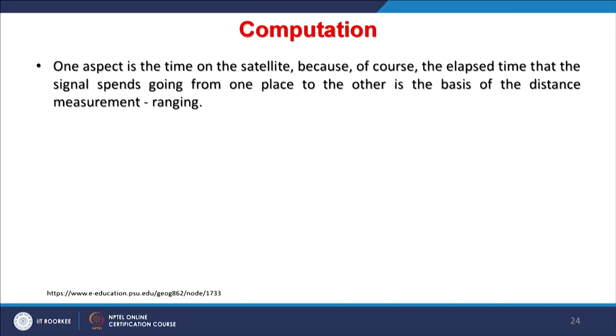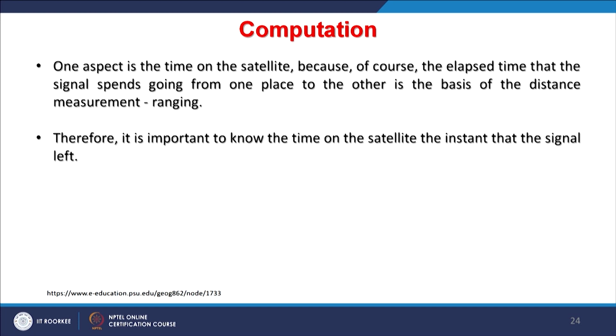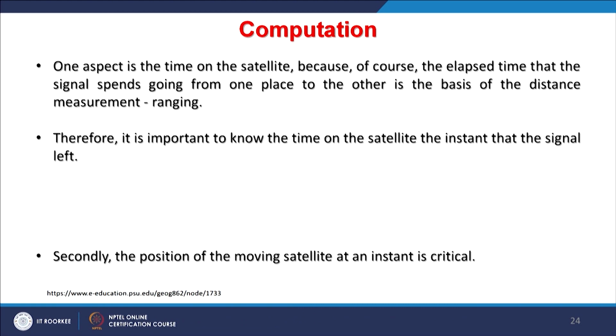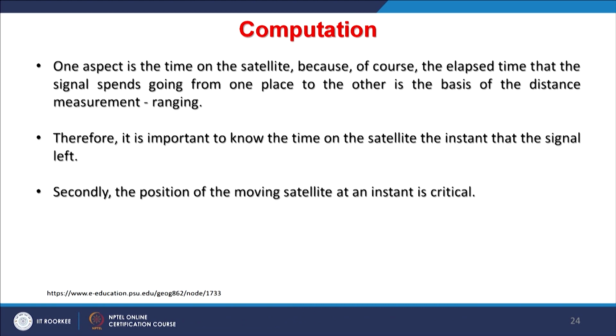And the aspect of time on the satellite matters because the elapsed time, the time taken between transmission and reception as the signal goes from one place to another, is the basis of distance measurement or ranging. Therefore, it is important to know the time on the satellite, the instant that the signal left. Secondly, the position of the moving satellite at that instant is critical, because these satellites are moving, and if I am using this receiver inside a moving object like a car, my object is also moving.